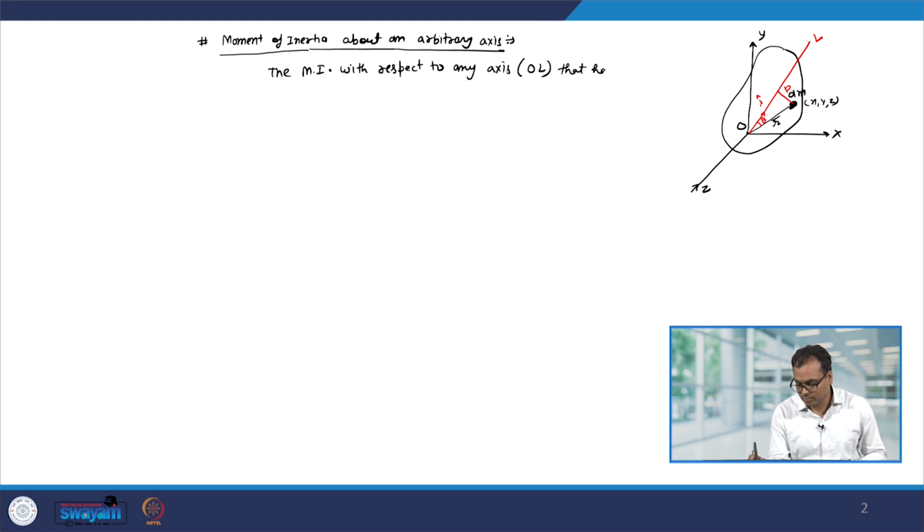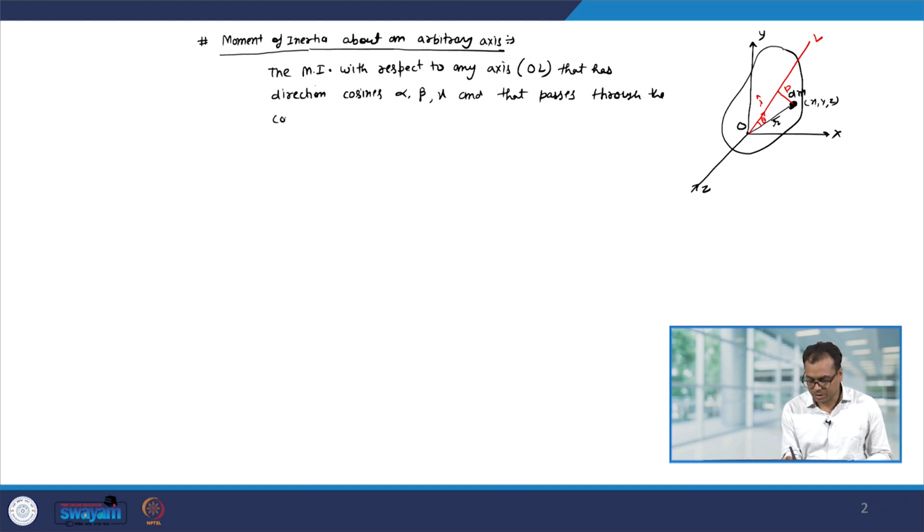So, that has direction cosines, let us say alpha, beta and gamma and this axis passes through the coordinate origin O.